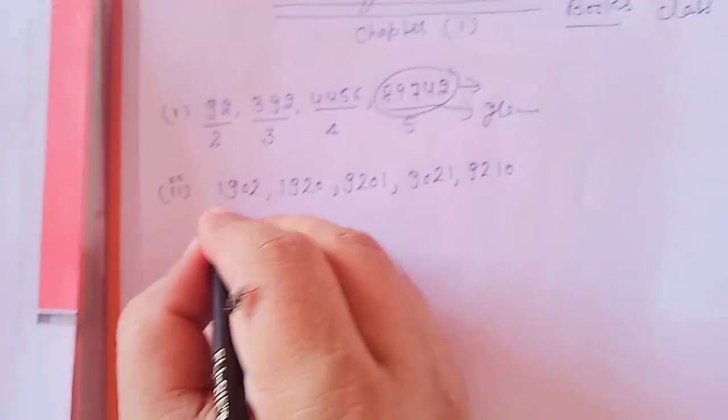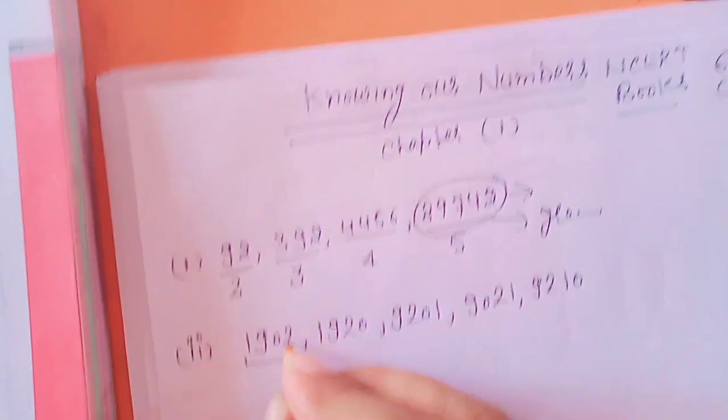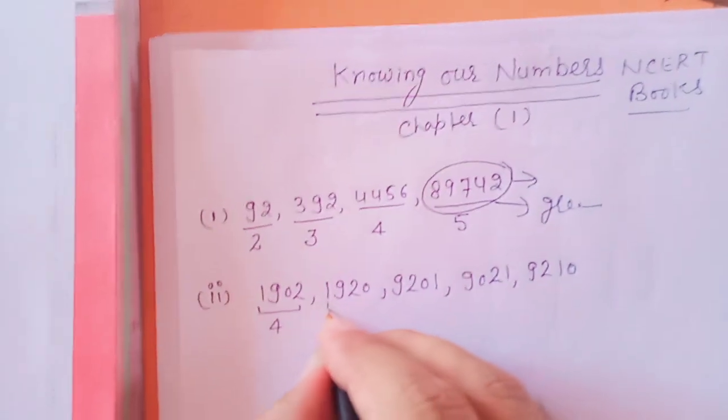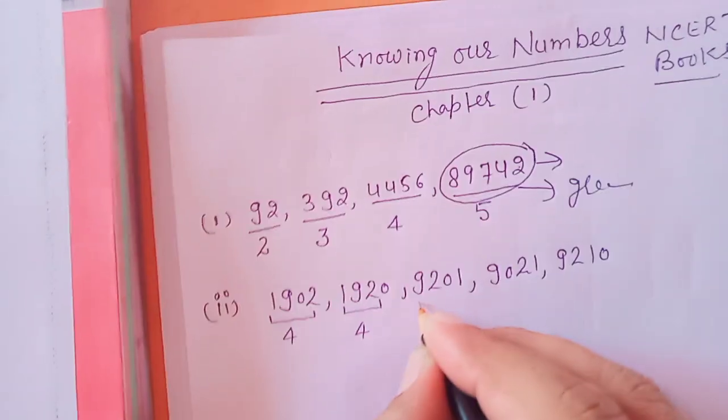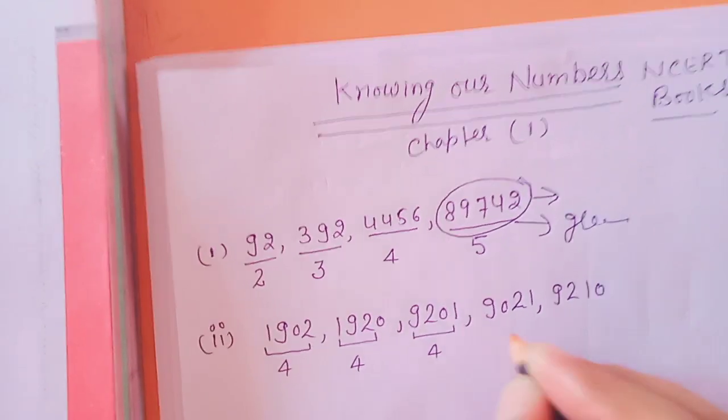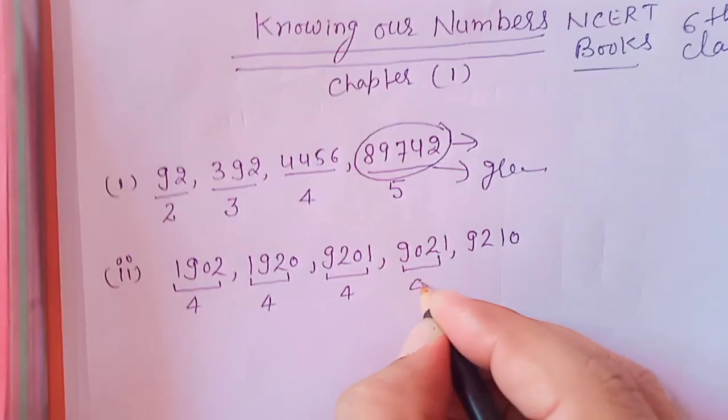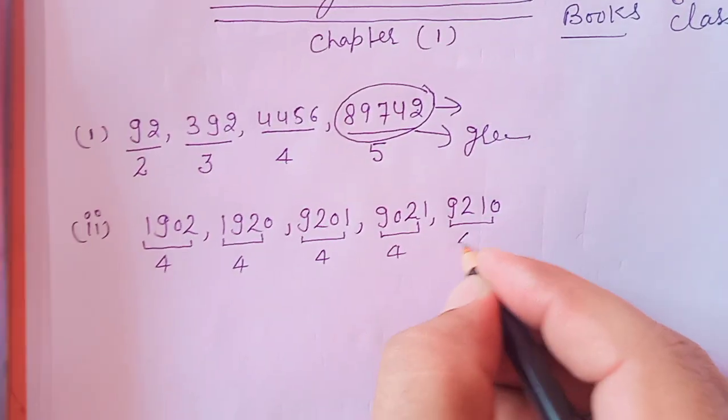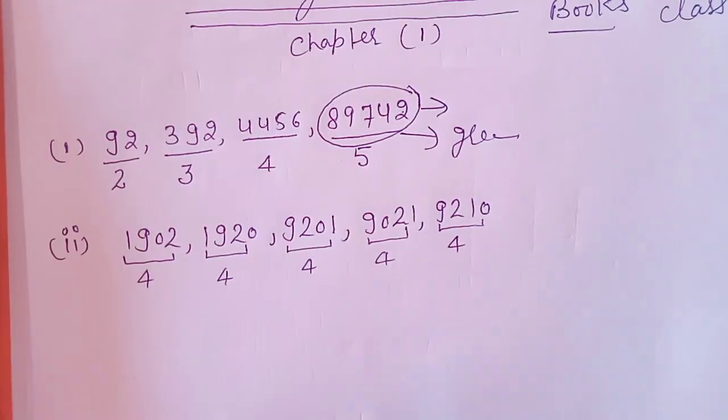So first you can count their digits, then check one time all contain how many digits? 4 digits. All contain 4 digits. So in this way you cannot decide. Then which method can you apply?